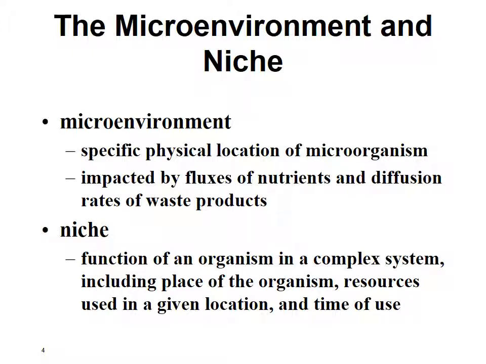At the same time, waste products might not be able to diffuse away from the microorganism at rates that are sufficient to avoid growth inhibition by high concentrations of these waste products. These fluxes and gradients create a unique niche, which includes the microorganism, its physical habitat, the time of resource use, and the resources available for microbial growth and function.